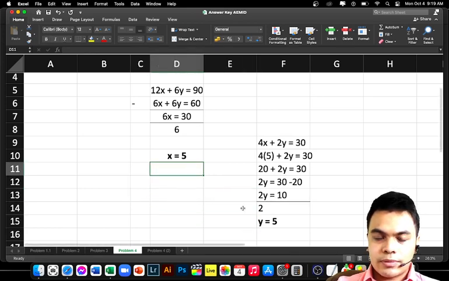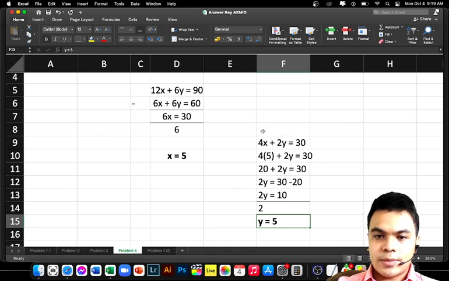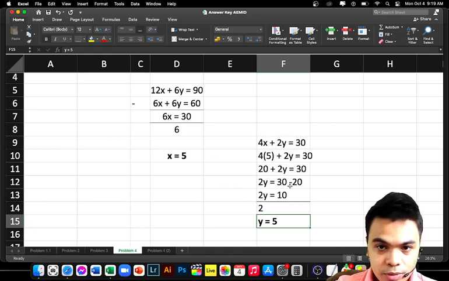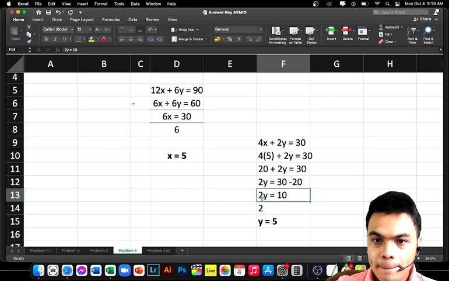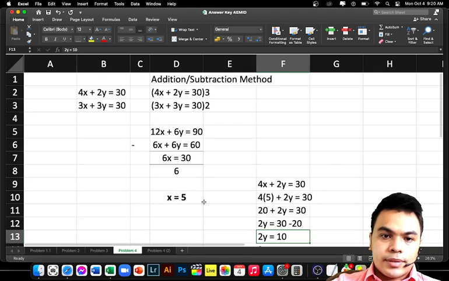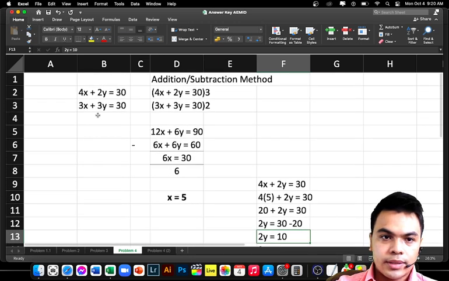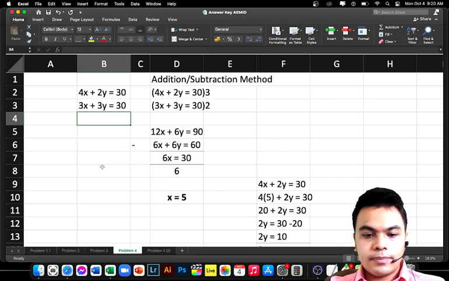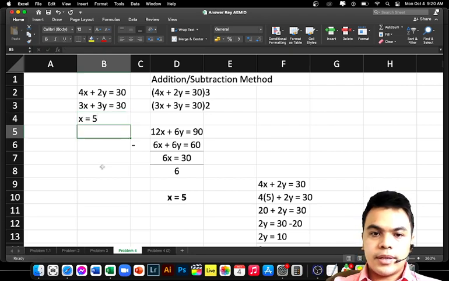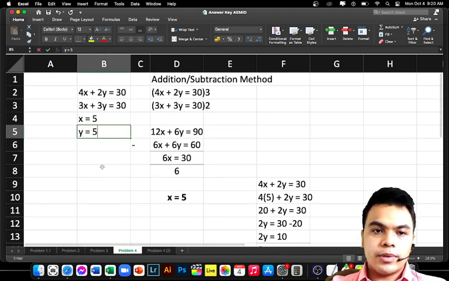So, x is equal to 5 and y is equal to 5. Now, let's just double check the values kung correct ba. Okay. Ayan. So, we double check. Ayan, lagay natin yung answers natin dito. X is equal to 5. Y is equal to 5.